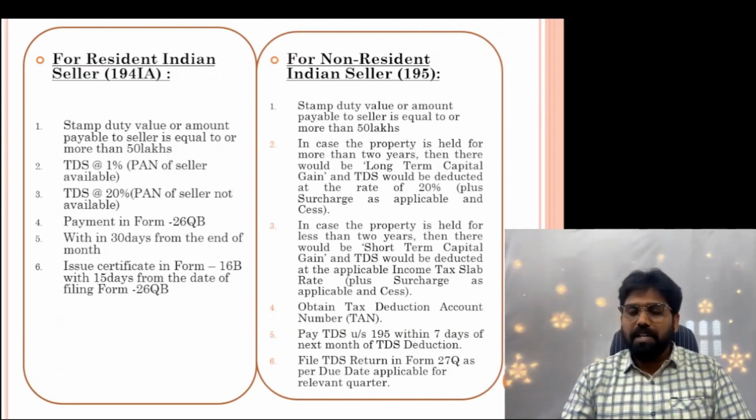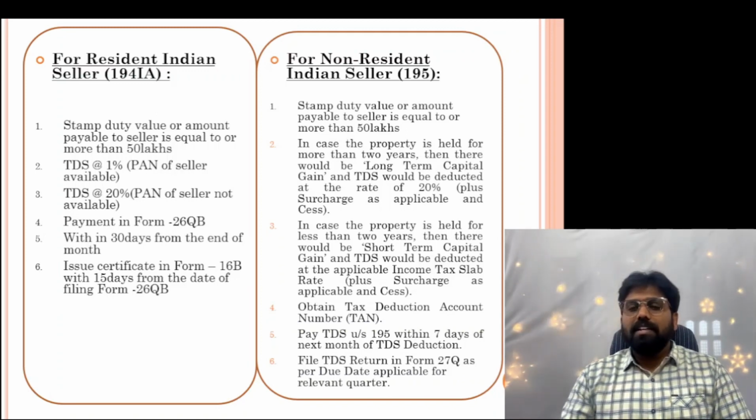For example, if the property is registered on 16th of June, then by 7th of July, the TDS should be remitted to the central government's account. After remitting the TDS amount, the buyer has to file an ETDS return in Form 27Q. The due date for filing this Form 27Q is the month end after the quarter.